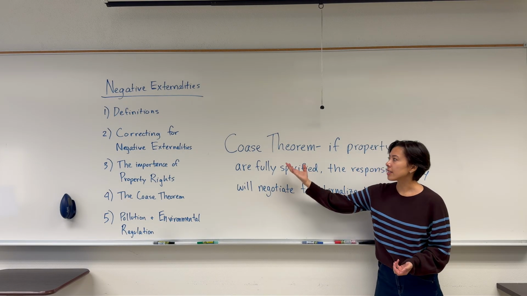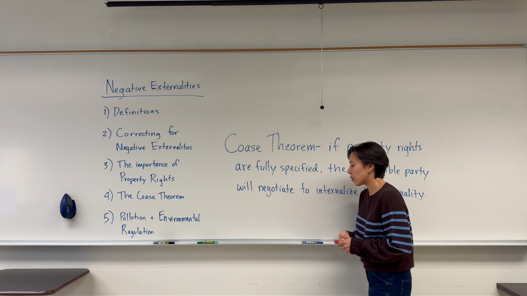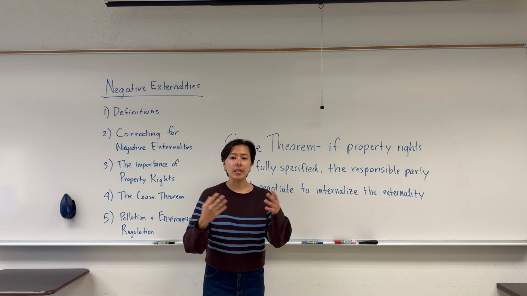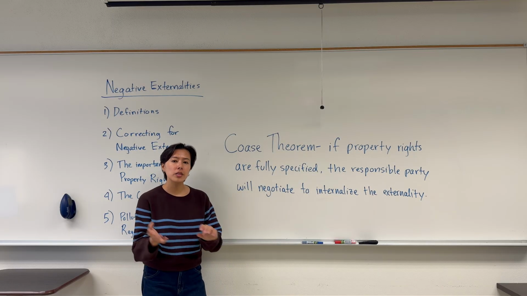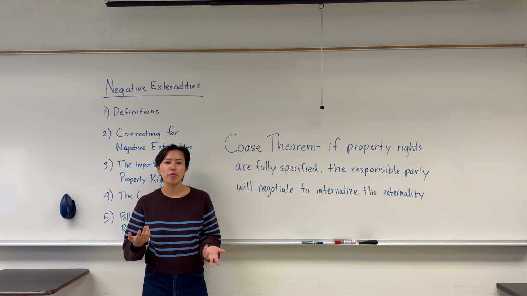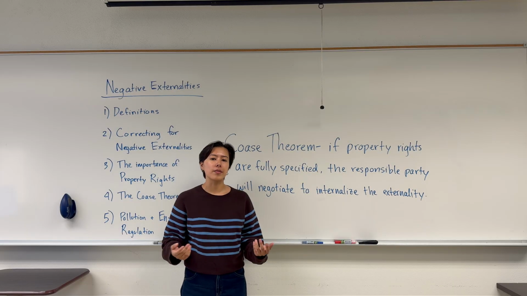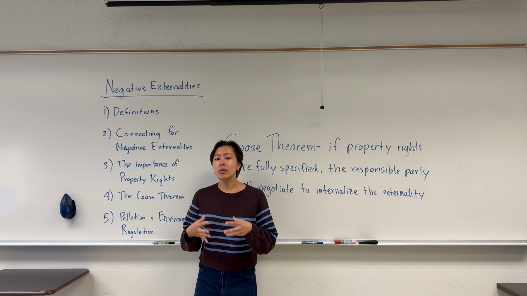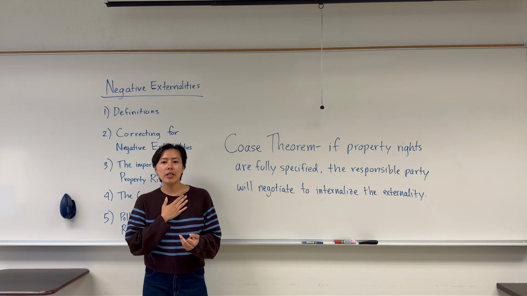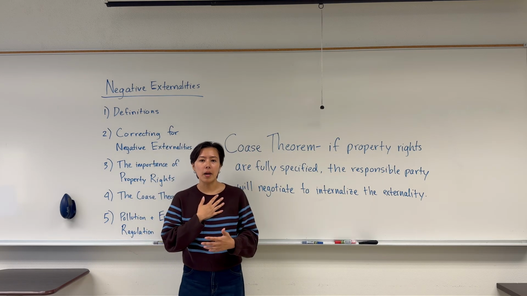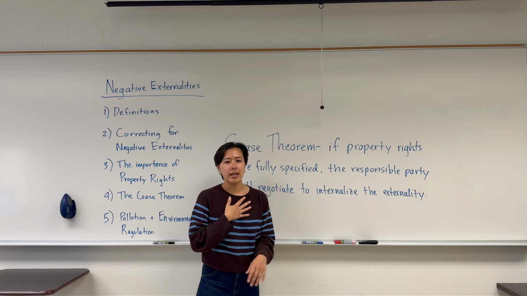So we can apply this idea of the Coase Theorem to my example where we're all living in the same town. I have a factory that's very pollutive, and that's imposing some negative externality in the form of pollution on everyone else living in the town. So if those living in the town have the rights to clean air, then I am going to need to find some way to clean up my pollution and internalize that externality.